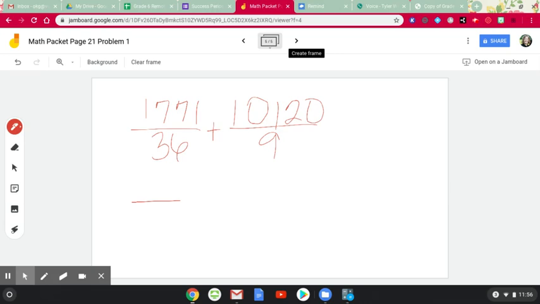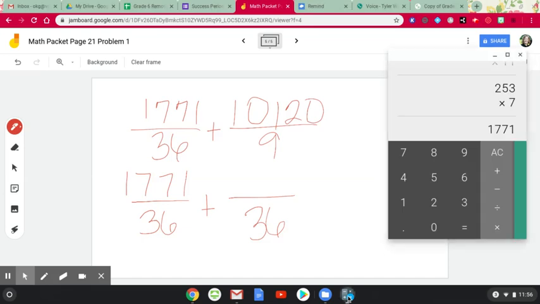Well, the least common multiple between 36 and 9 is 36, right? So we're going to leave that alone. We're going to leave 1771 alone, and we're going to get our calculator back out, and we're going to multiply 10,120 times 4, because 9 times 4 is 36, right? It's 4 times bigger. Boom.